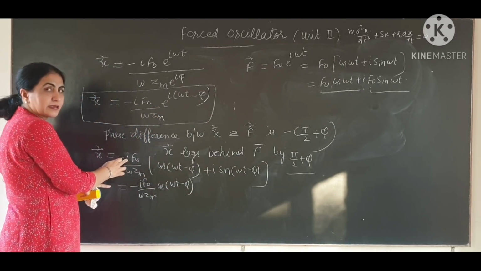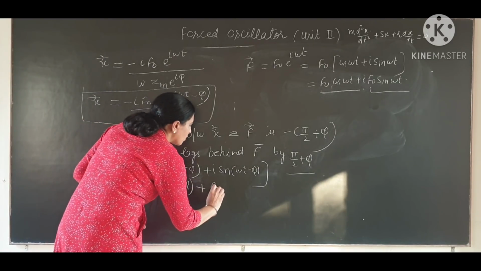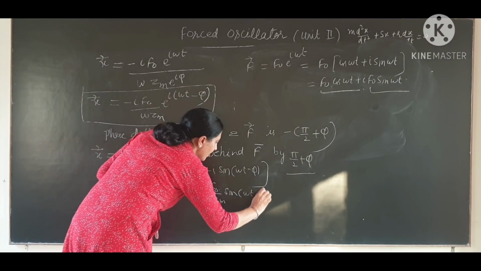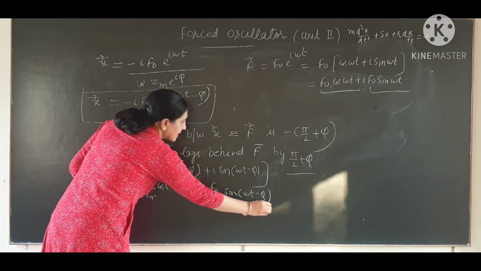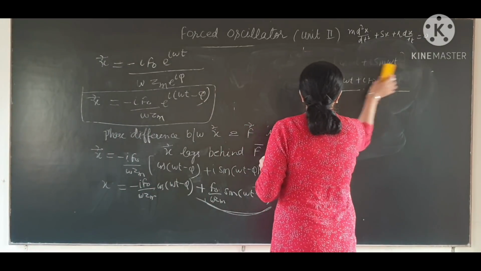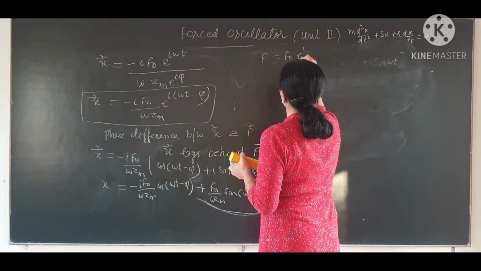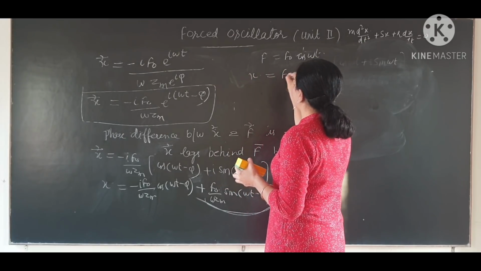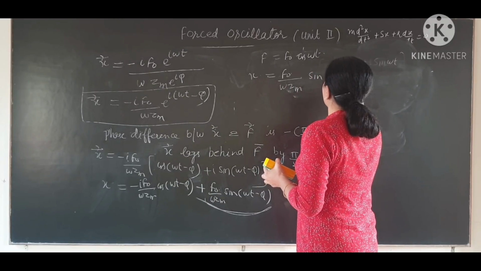Iota with iota is minus, so minus minus gives plus F naught over omega Zm sine of omega t minus phi. So the real part of force is F naught cos of omega t, and the real part of displacement is F naught over omega Zm sine of omega t minus phi.